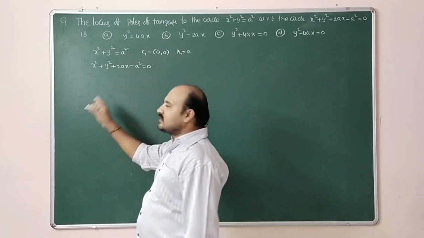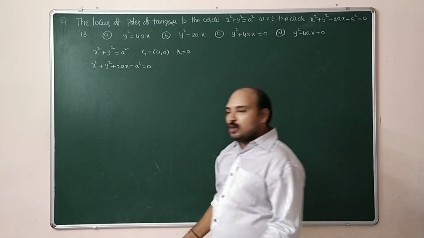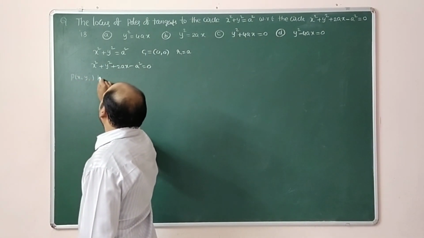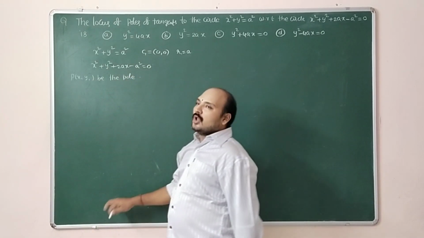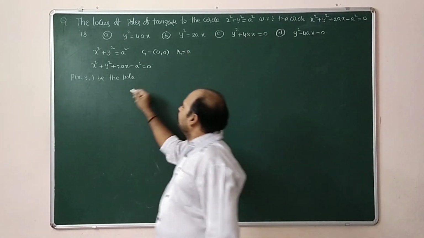The radius is not required here. They are asking the locus of poles of tangents, so you can assume the pole. Let P(x1, y1) be the pole. The polar equation is a tangent to this first circle.